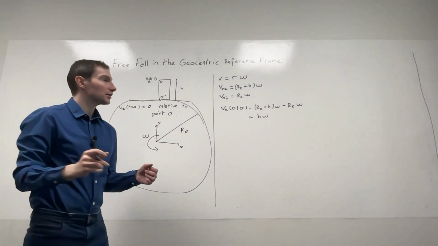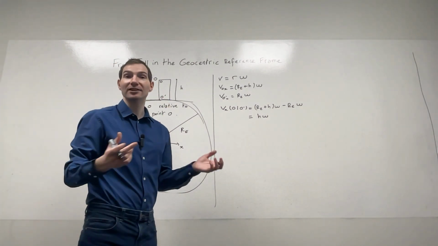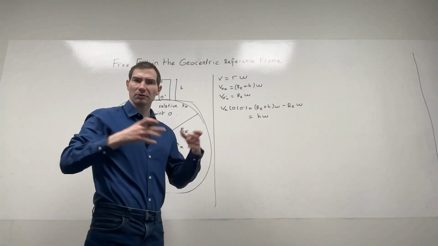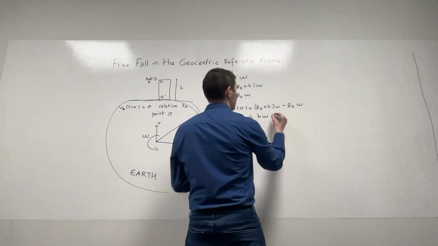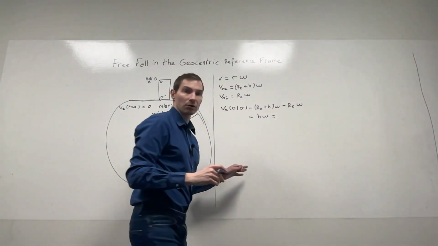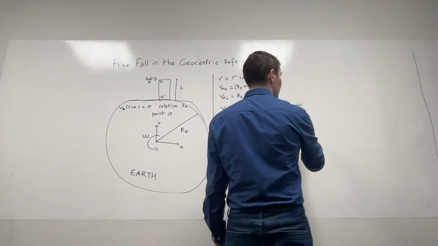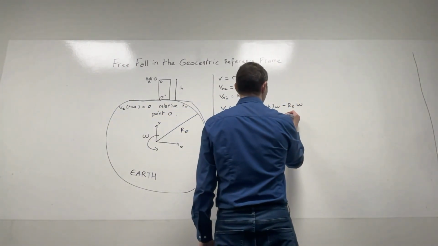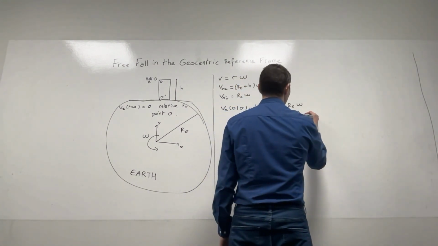And just for the sake of it, if you put, for example, that H is 90 meters, which is a standard, relatively high tower, then in terms of numbers, if you are on Earth at the equator, you're going to find something along the lines of 6.5 times 10 to the minus 3 meters per second.